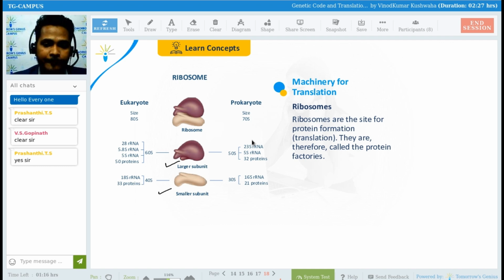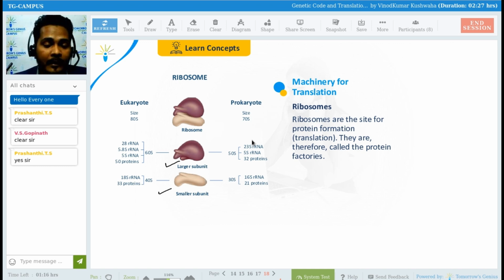Now you can see this, the large subunit of the ribosome has grooves for pushing out the newly formed polypeptide and protecting the same from the cellular enzymes. That means the large subunit has a special character.